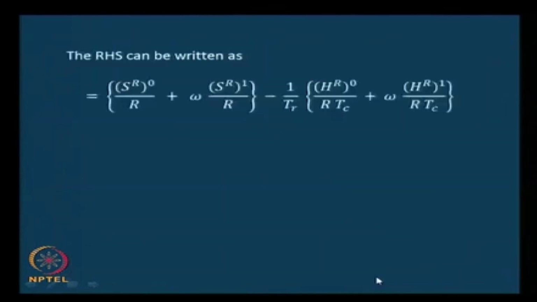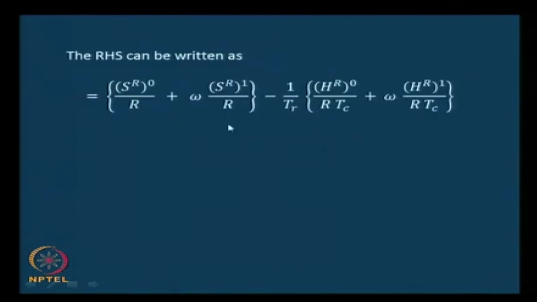We link it up to whatever is available. We can write that as SR0 by R plus omega times SR1 by R, which is nothing but SR by R, minus 1 by TR times HR0 by RTC plus omega times HR1 by RTC. The one within this flower bracket is nothing but HR by RTC.